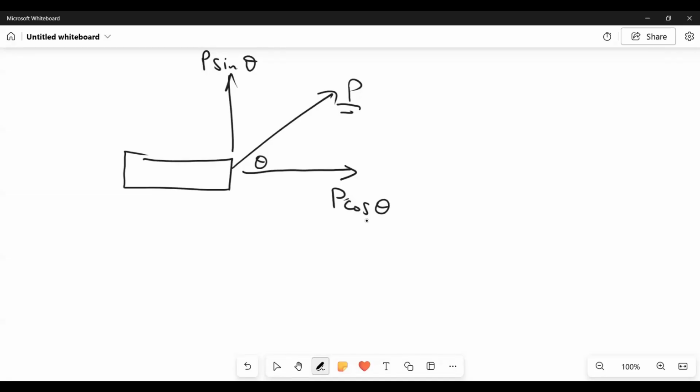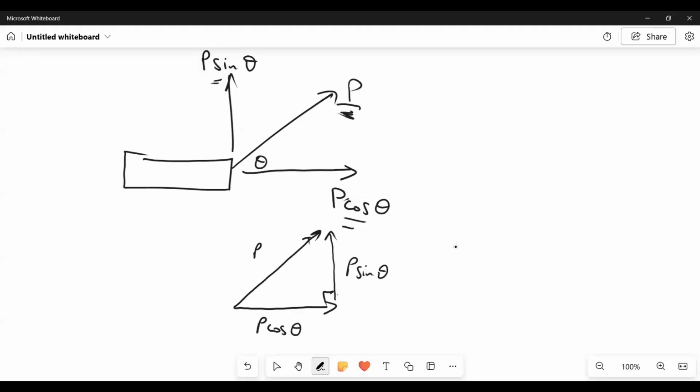Let's say I want to take this and add them to get this. I'm going to use Pythagoras theorem, right? Because in vector addition, it's as though I can take this force and shift it along here. So this here is P cos theta, all right? Up here is P sine theta, right? And the resultant, which is P, I can put 2 arrows there, is the resultant of these two. And how do you add them? You use Pythagoras theorem because this is a right angle.